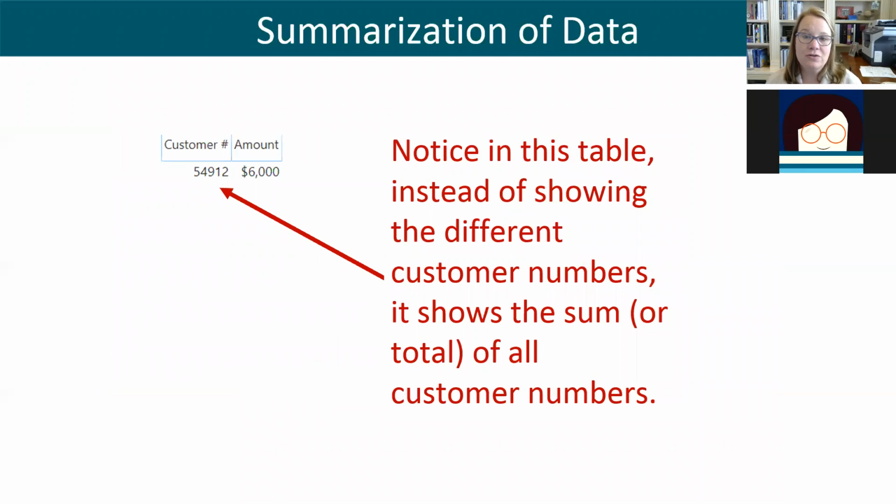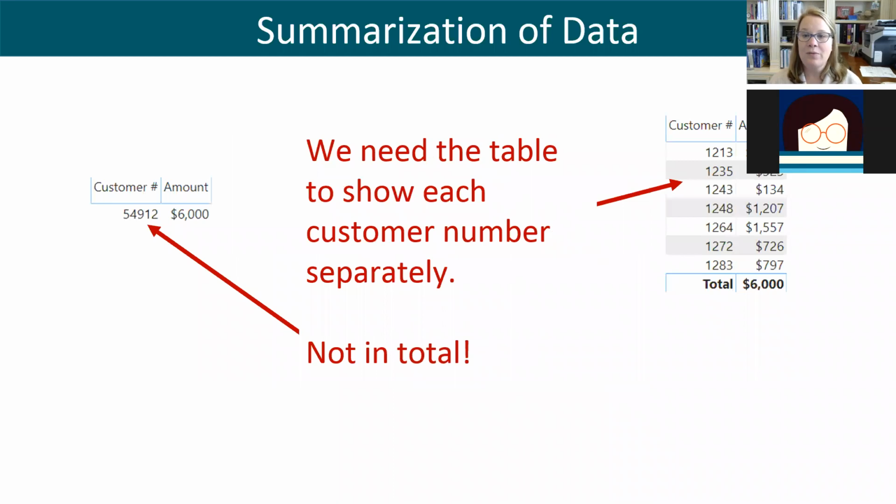So we have to change the default summarization for those fields. If we didn't do that, then notice what happens here. We take customer number, and instead of showing customer number 1001, 1002, 1003, it shows this really random number for customer number, and it's not correct. So what we need to do is show the customer numbers separately instead of being summed in the table.